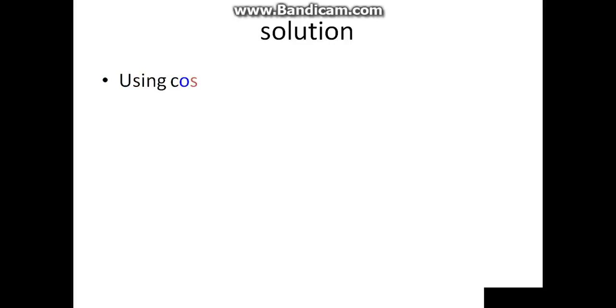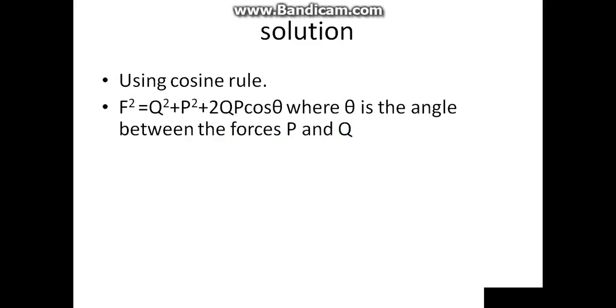Solution. Using the cosine rule, F squared is equal to Q squared plus P squared plus 2QP cos theta, where theta is the angle between the forces P and Q. Theta is equal to 60 degrees, Q is equal to 10 Newton, P equal to 5 Newton, F is unknown.